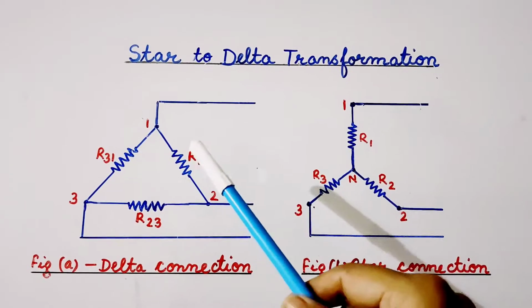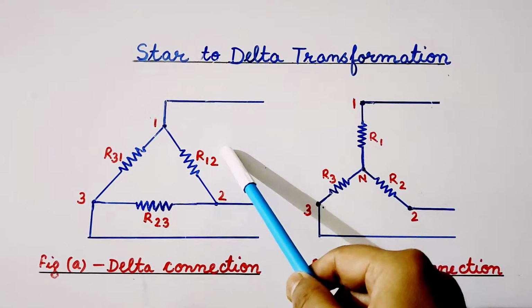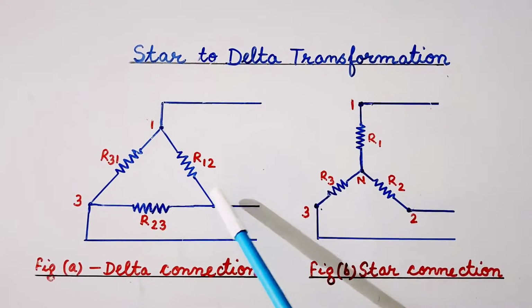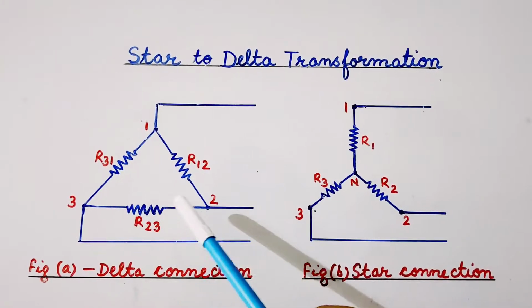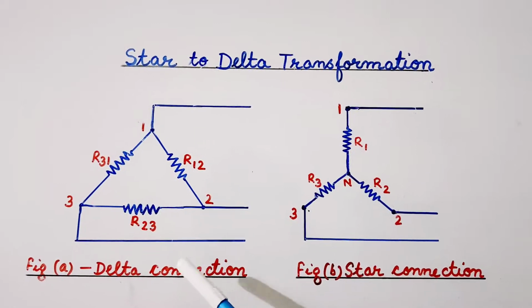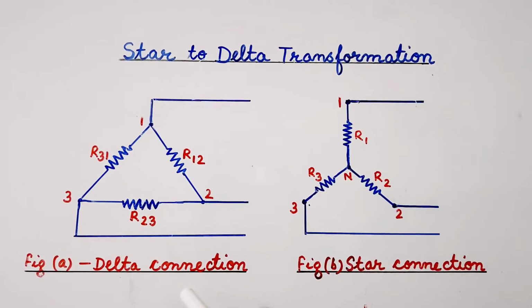That is, in case of delta connection, each resistance has one end connected to one resistor and the other end connected to some other resistor. So if three resistances are connected in this fashion, it is known as delta connection, which is also known as the pi connection of resistors.